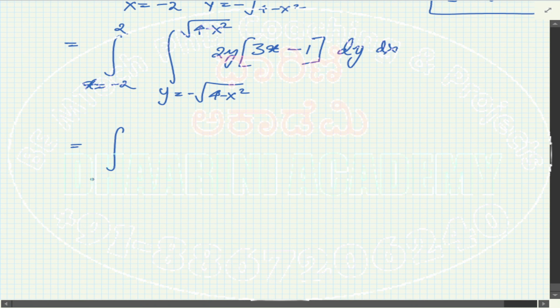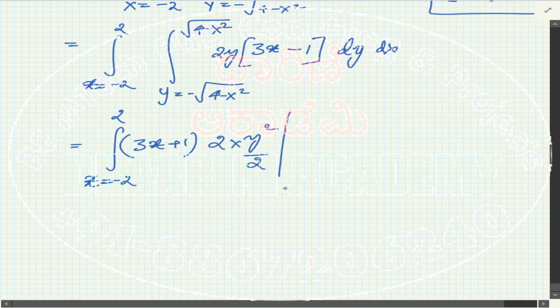This is equal to the integral x from -2 to +2 of 3x plus 1, which is a function of x. Now I integrate with respect to the function of y. 2 into y becomes y square by 2, and a substitution happens.